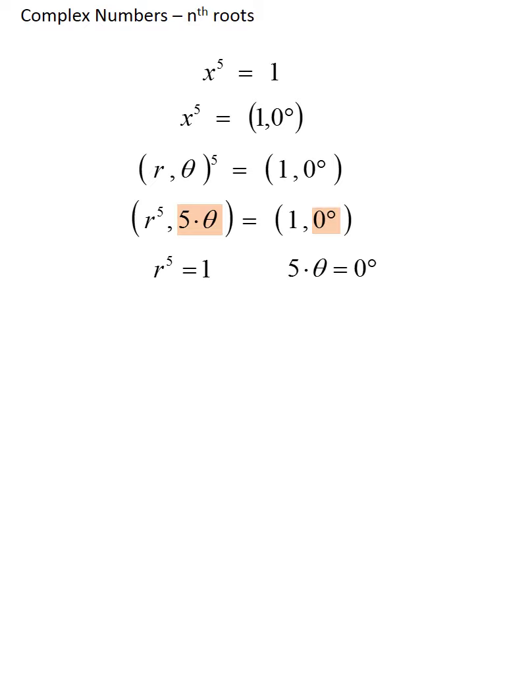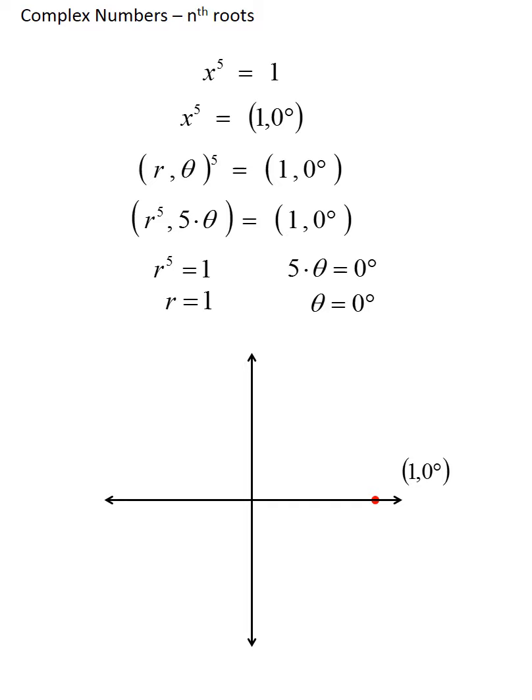Again, this doesn't find all of them, but I don't need all of them. And now that I know one of my fifth roots is one space away from the origin at a 0-degree angle, I know that it's right there on the positive x-axis.